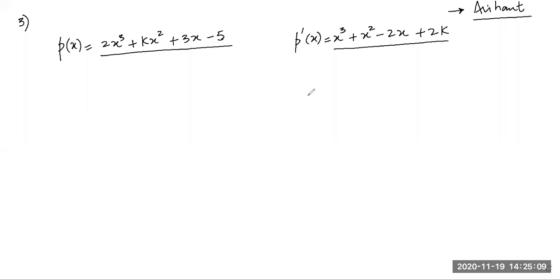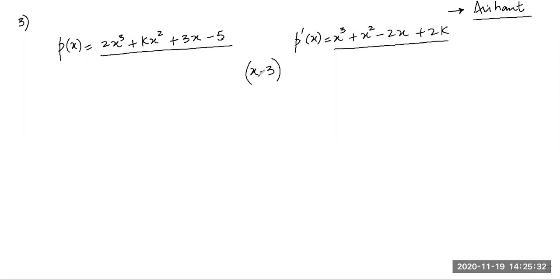Good. So now he says these polynomials, when both are divided by x minus 3, leave the same remainder. Then find the value of k.